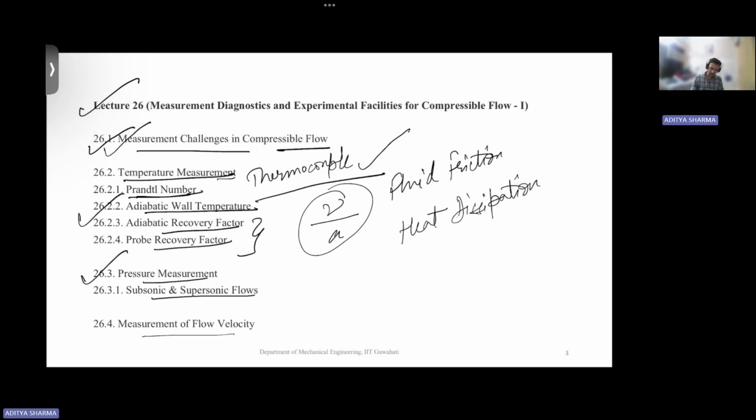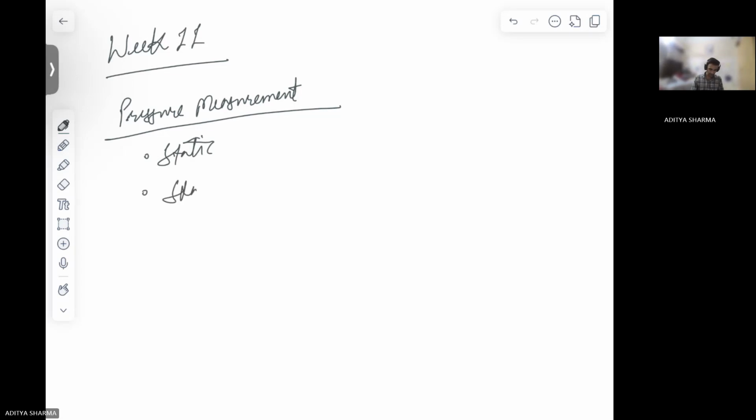Then pressure measurements are there. Two types of pressures are there. One is stagnation pressure, one is static pressure. Let's say flow is happening in a conduit.